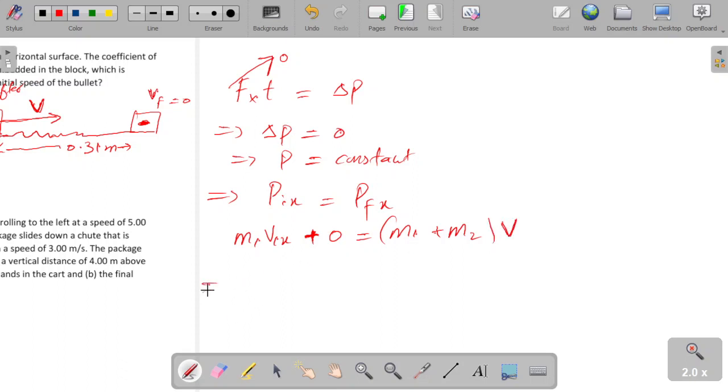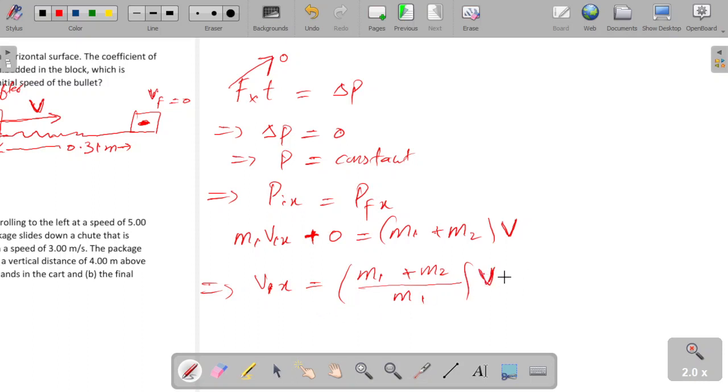From this equation we can find the velocity of the bullet: v1x will be equal to (m1 + m2) V divided by m1.